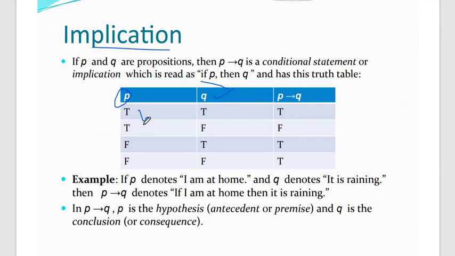If P is true, then it will depend on Q. If P is false, then Q will become either. If I am at home is P and it is raining is Q, then if I am at home, it depends on whether it's raining.